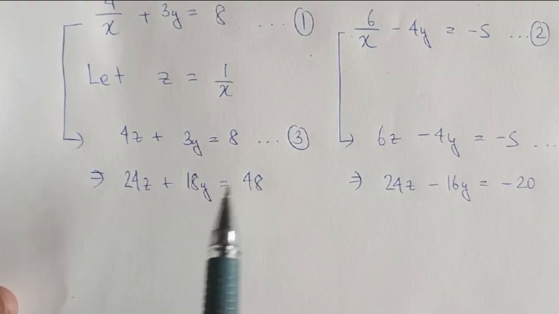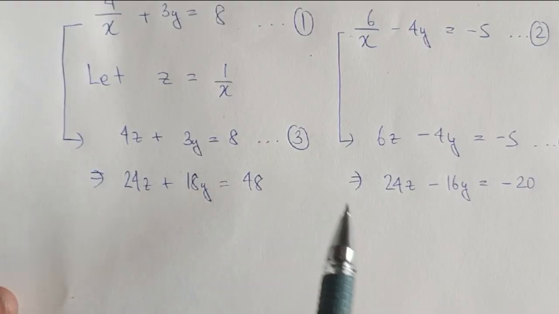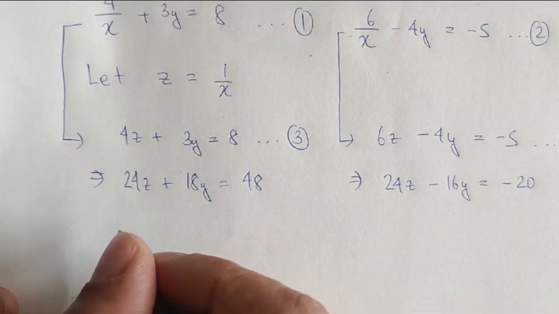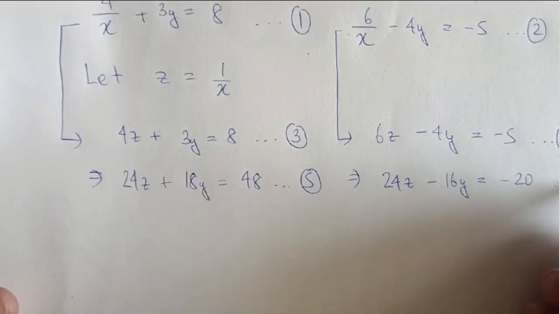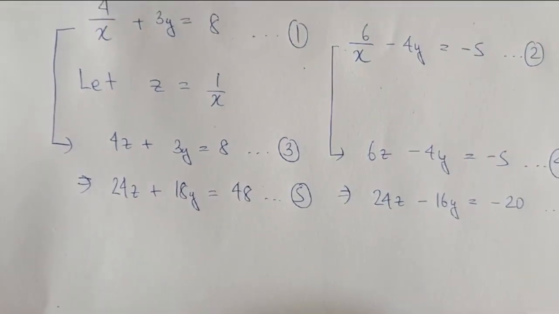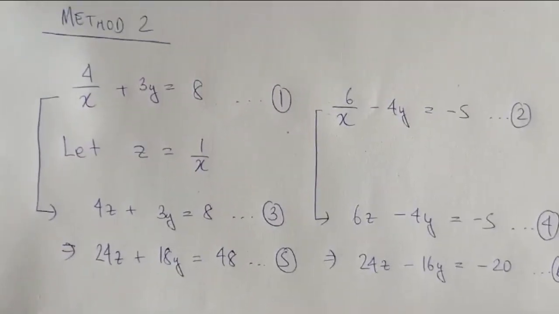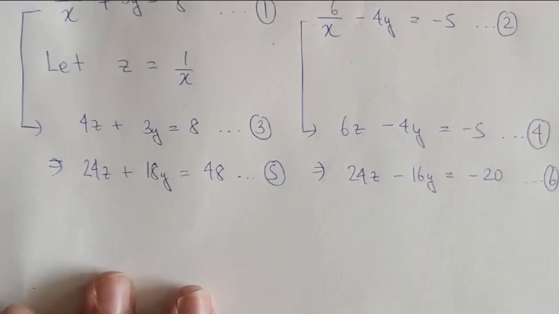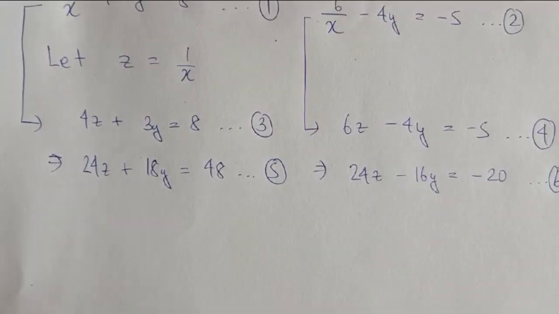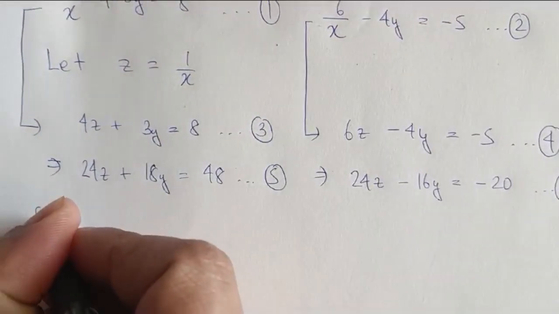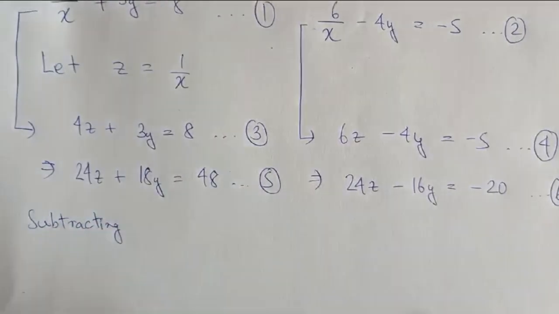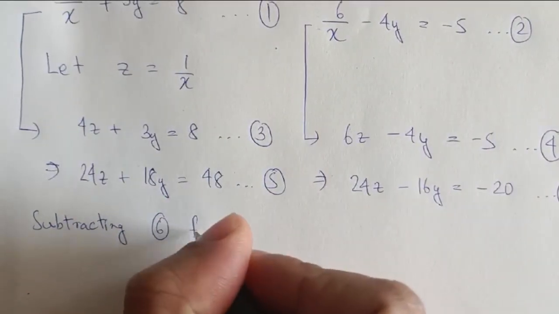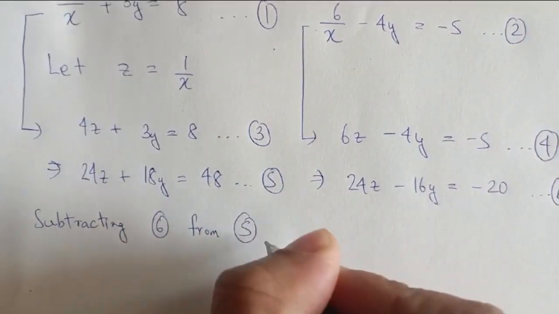So let us just subtract this side first and this side second. Let's call this equation 5 and 6. So what we shall do now is subtracting 6 from 5.